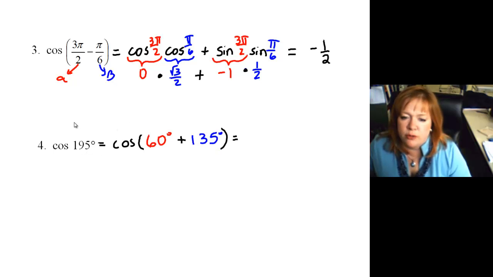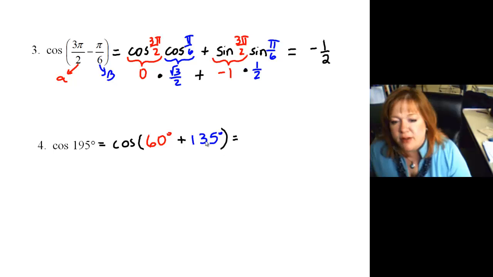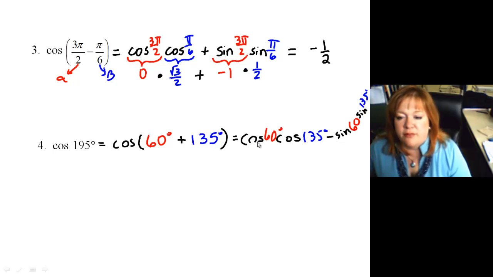I chose 60 and 135 because 60 I know the sine and cosine exactly. 135 has a reference angle of 45, so I just have to watch the signs on that. It's got the same sine and cosine as 45, but since it is in the second quadrant, the cosine is negative. Alright, so if we do this, we're going to have cosine, cosine, sine, sine.